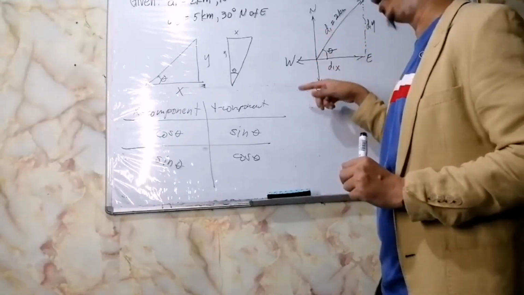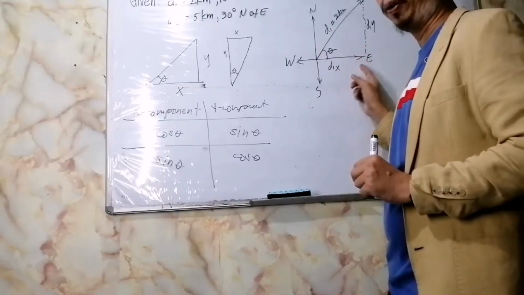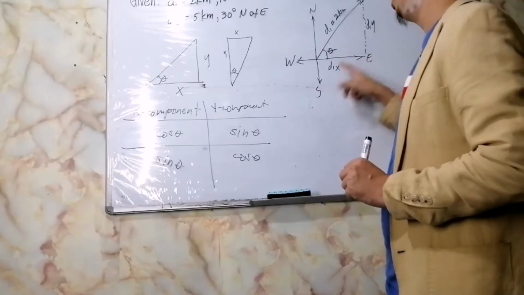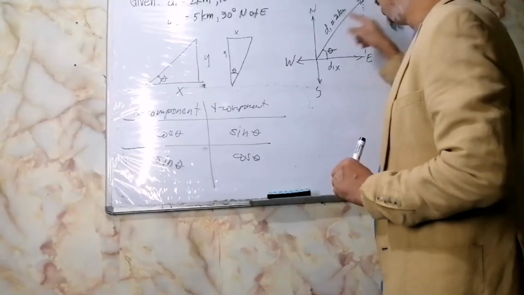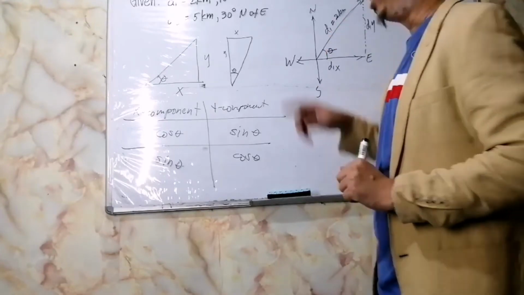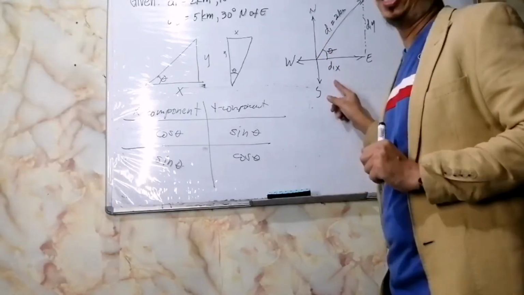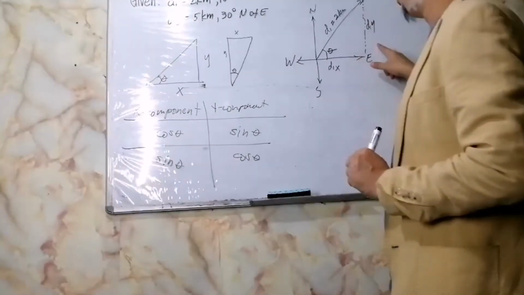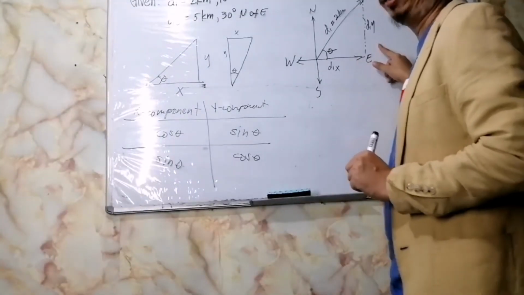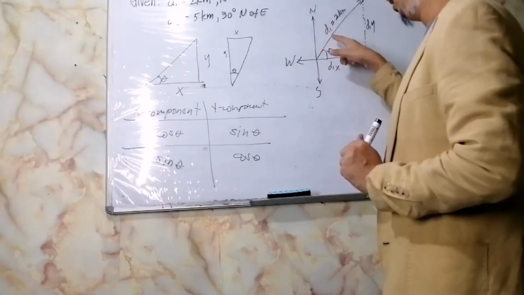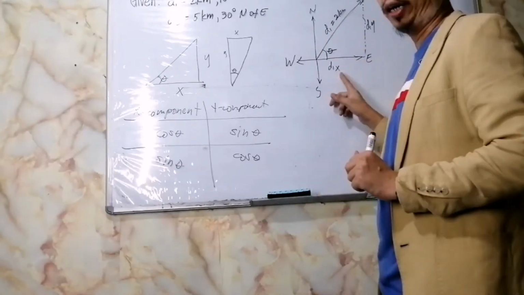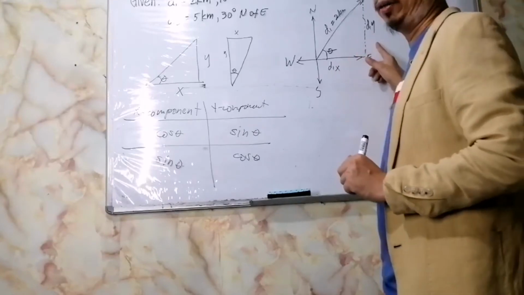If we have d1, we name the X component and the Y component d1x and d1y. If this is acceleration, a1, then this will be a1x, a1y. If that is force, F1, then this is F1x, F1y.